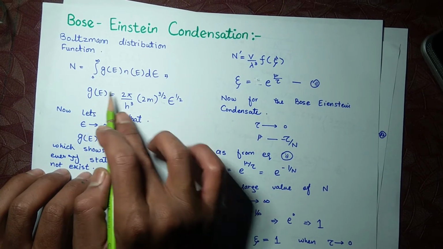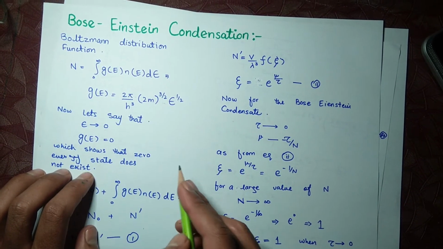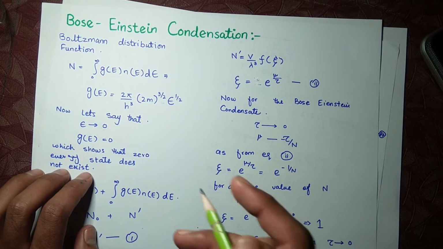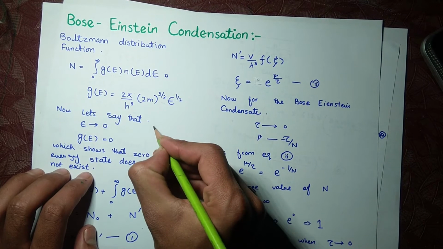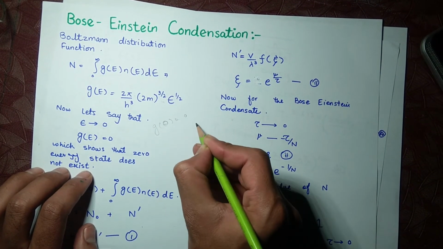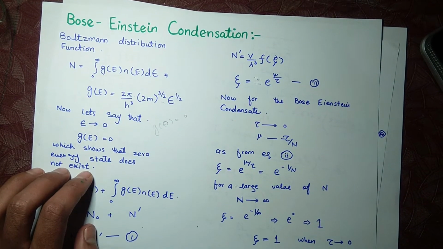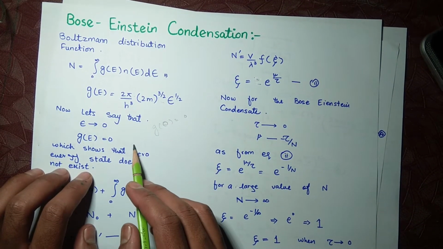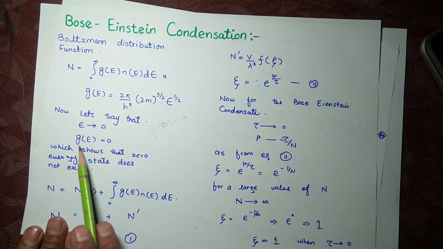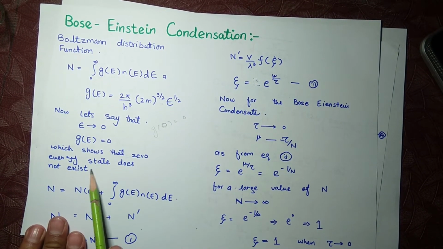G of 0 here is equal to 0. So when G of 0 is equal to 0, it shows that the energy state does not exist.